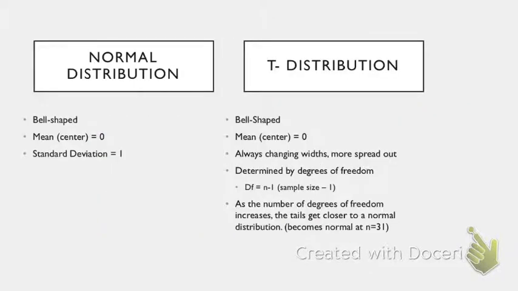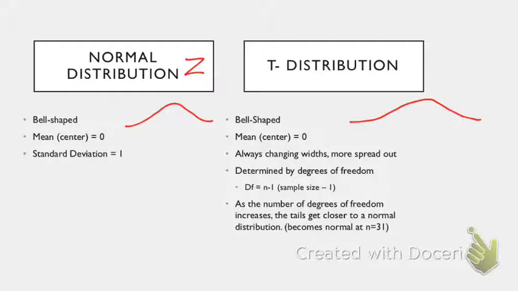Here are the differences between normal distribution, which is Z, versus a T distribution. So some similarities and differences. They are both bell-shaped, so they both look like this. But the T distribution is a little bit wider. It has more area in the tails, and it changes.